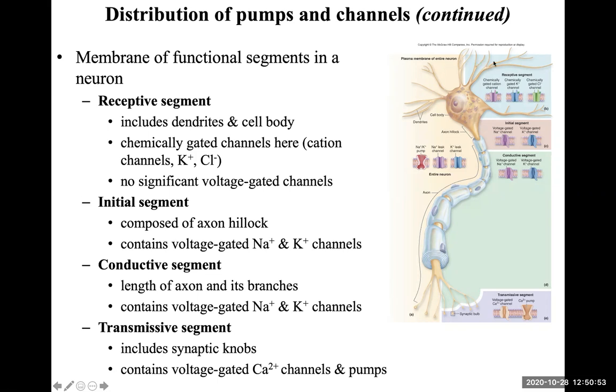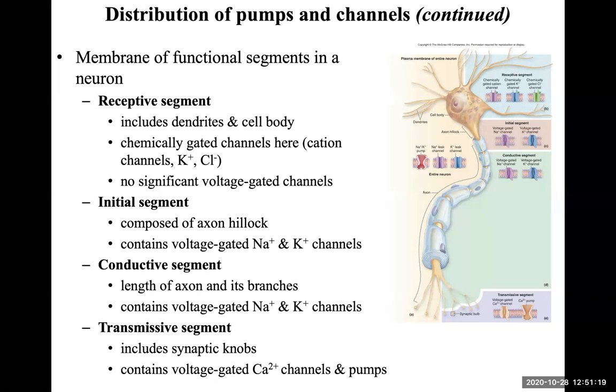On the dendrites, that's where you're going to find all of these chemically gated ion channels. Another important point, which I'll hammer in more detail going forward, is that the neurotransmitter that is present is going to determine the type of channel that opens, and therefore the ion that moves.